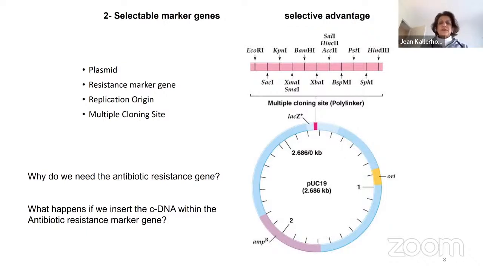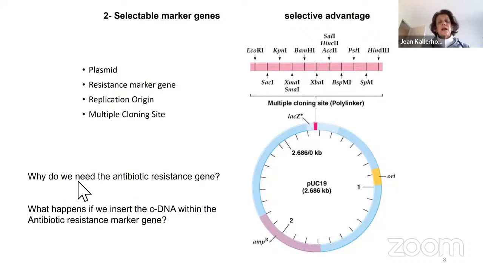Okay, so this is the normal setup of this engineered plasmid. You have the origin of replication, a gene coding for resistance to an antibiotic, and a multiple cloning site inserted within the alpha peptide coding region.